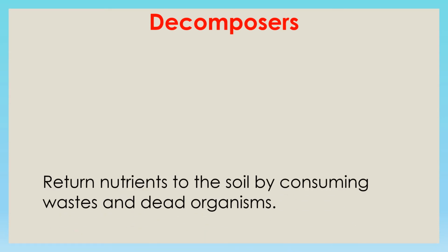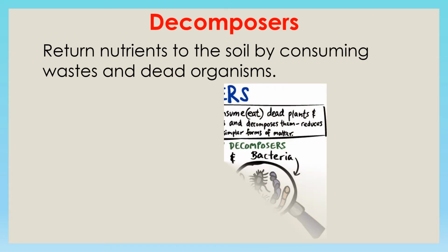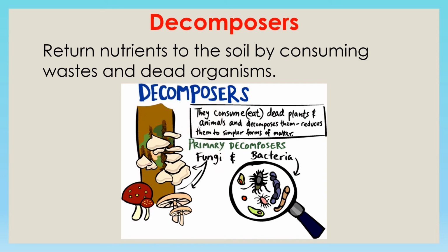This happens because there are decomposers. So decomposers return nutrients to the soil by consuming waste and dead organisms. So these are the decomposers. Examples are fungi, which you can see all around us, and bacteria.